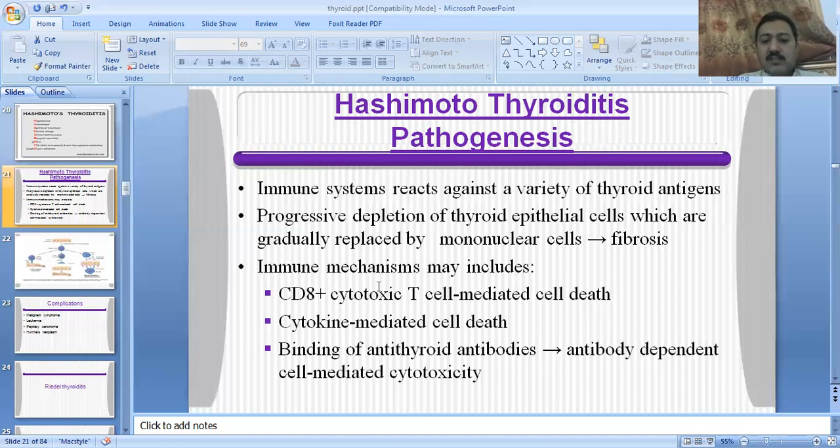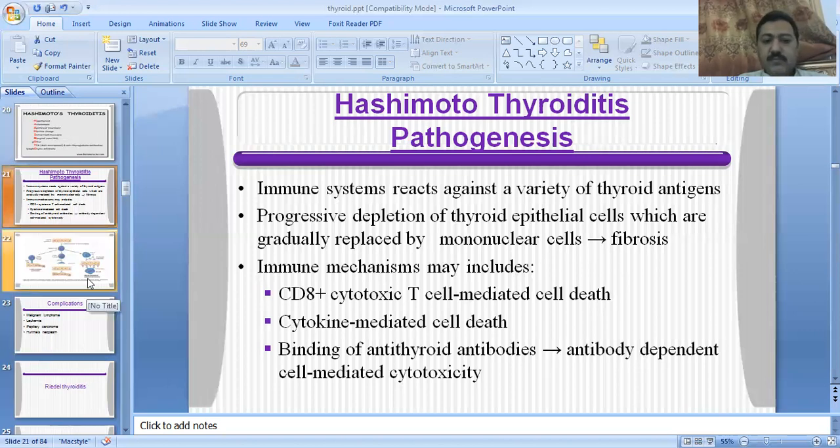The cytotoxic CD8 T cells directly damage the thyroid follicular epithelial cells, while the helper CD4 T cells activate the process of inflammation, which releases inflammatory mediators in the form of cytokines and interleukins. With the passage of time, this inflammatory process will transfer into a chronic inflammatory process, and the chronic inflammatory process will be resolved by fibrosis. So this was all about the pathogenesis of Hashimoto thyroiditis.